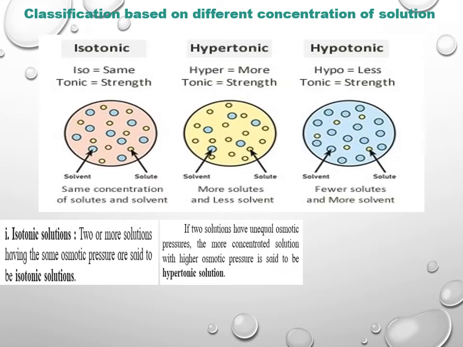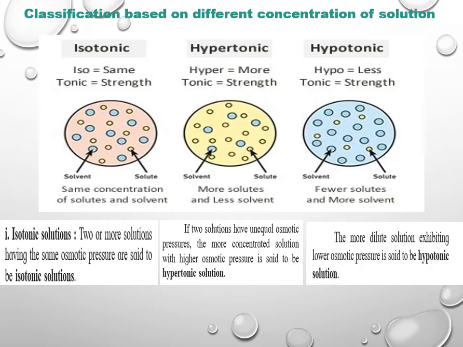Similarly, if two solutions have unequal osmotic pressure, the one which has the more concentrated solution, means more amount of solute than the other, is said to be the hypertonic solution. Similarly, the one which is the dilute solution, exhibiting lower osmotic pressure, is said to be the hypotonic solution.